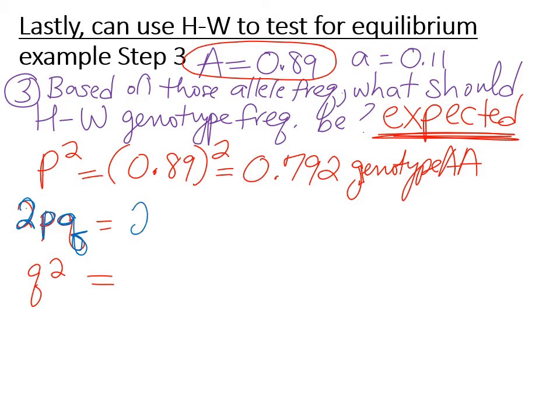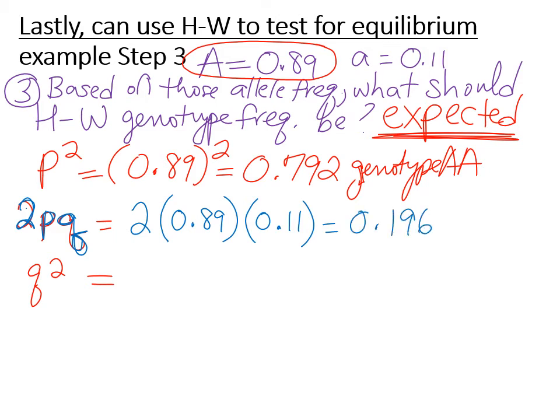So now we're doing 2 times what's our capital A frequency? 0.89. What's our second allele's frequency? 0.11. And when you do 2 times the first allele times the second allele's frequency, you get 0.196 as the genotype capital A, lowercase a.